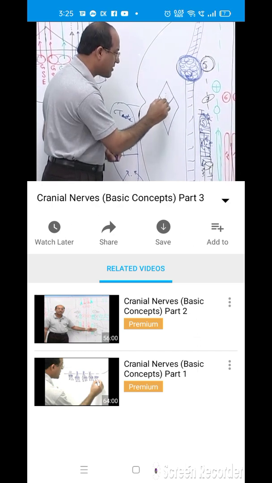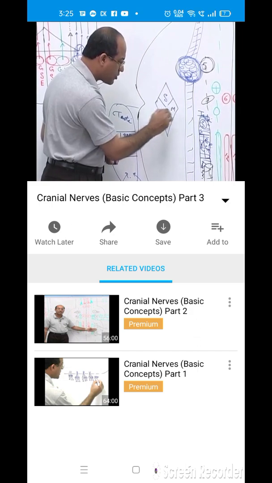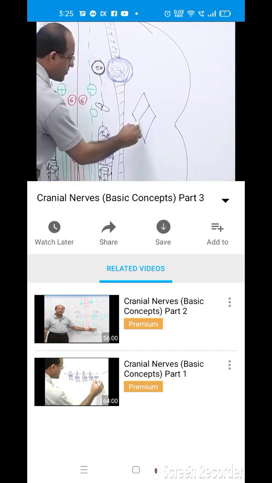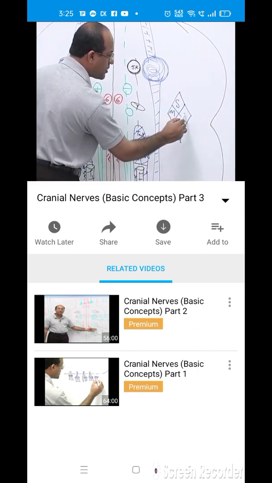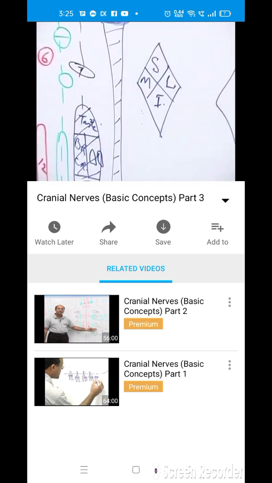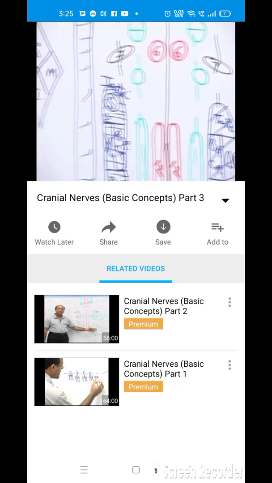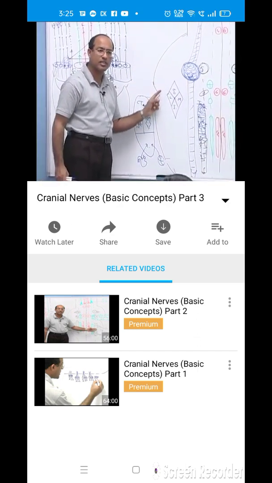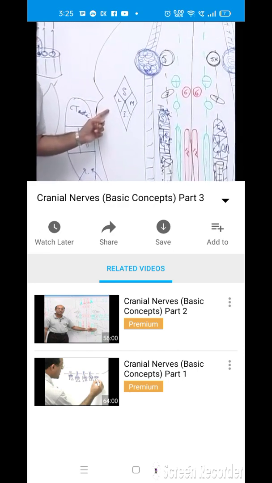There is superior part and medial part of the nucleus, there is lateral nucleus and inferior nucleus. In the same way, it is divided like this: the superior vestibular nucleus, medial vestibular nucleus, lateral vestibular nucleus, and inferior vestibular nucleus, right? So this is laterally present at the pontomedullary junction, right? And they are connected with the vestibular part of the vestibulocochlear nerve.